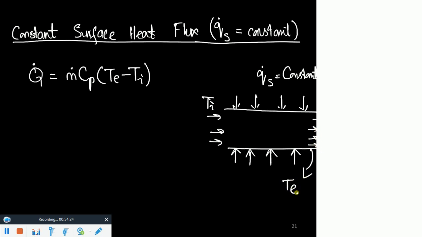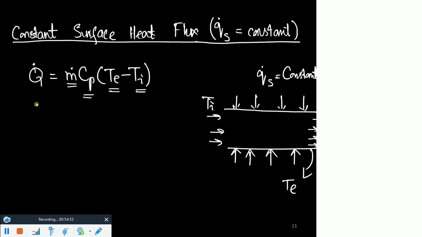So I can write this total heat transfer rate from the inlet to the exit as mass flow rate multiplied by Cp, the specific heat, multiplied by the difference in the exit and the inlet temperature. This is the total heat transfer inside or taken from the fluid.